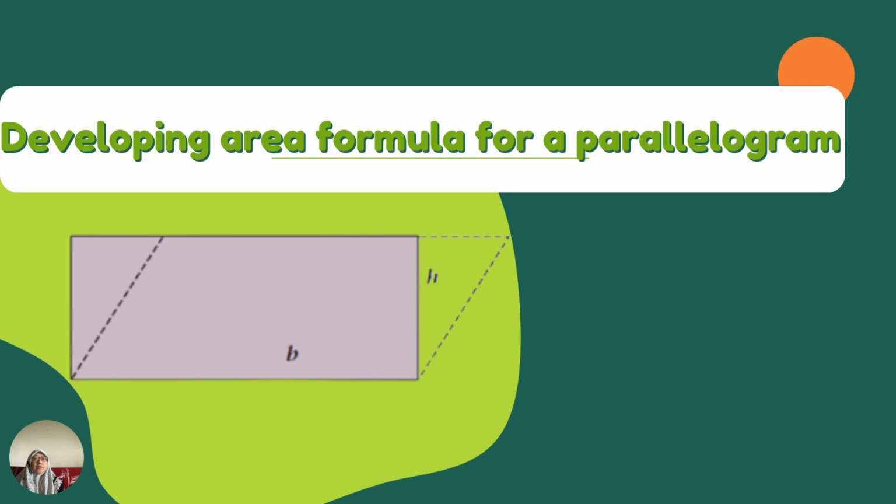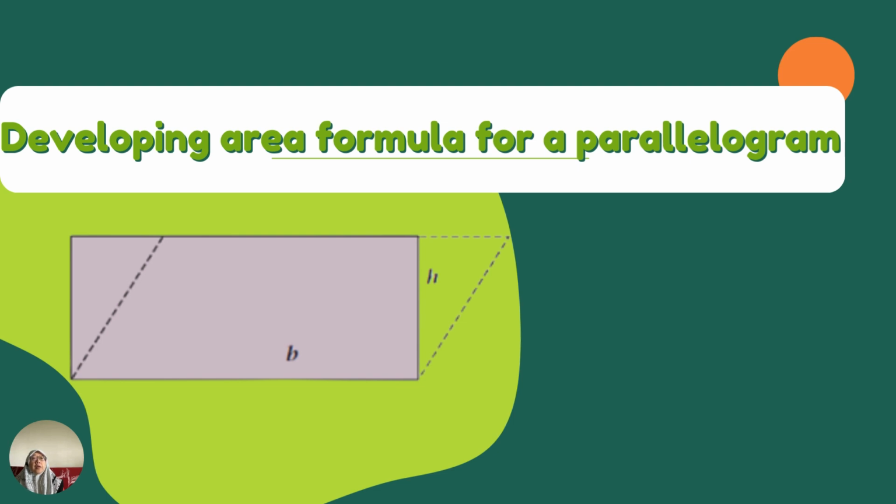Okay, let's look at this. This is a shape. Developing area formula for a parallelogram. Parallelogram means they do have parallel sides. So you can see here, this is a rectangle.